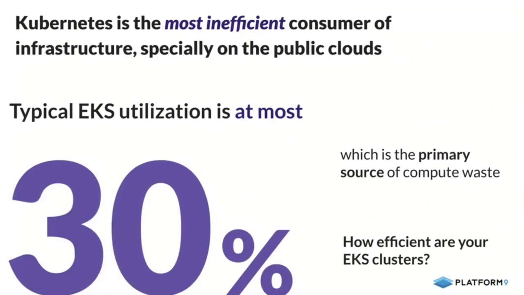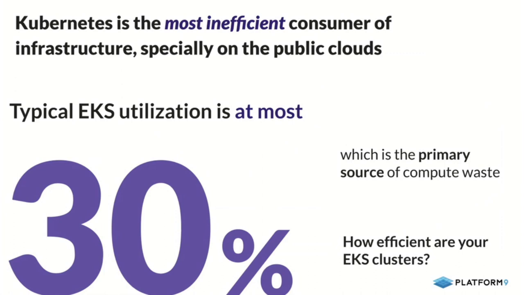This is our observation based on our own Kubernetes environments, because we run all of our stack behind the scenes on Kubernetes, as well as what we've observed across hundreds of customers running on both public and private clouds: Kubernetes in general is one of the most inefficient consumers of infrastructure capacity. People are surprised because there's an assumption that Kubernetes does a good job at resource consumption. But if you think about it, Kubernetes, yeah, go ahead.